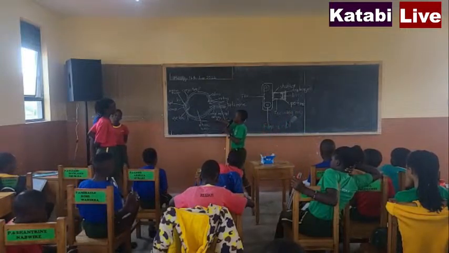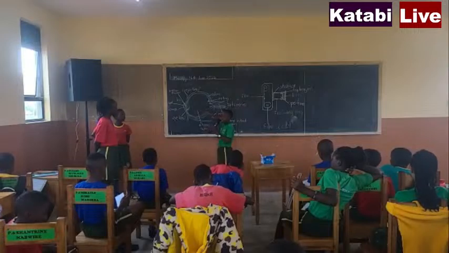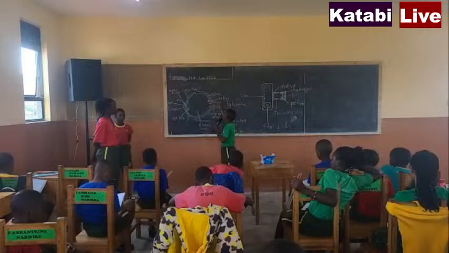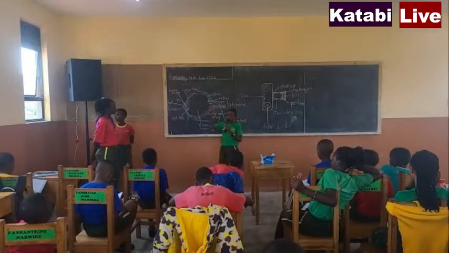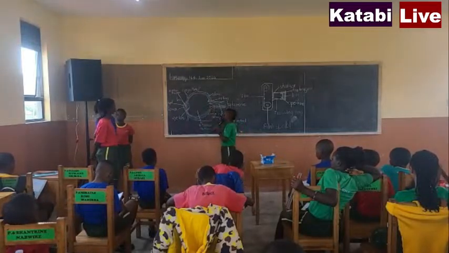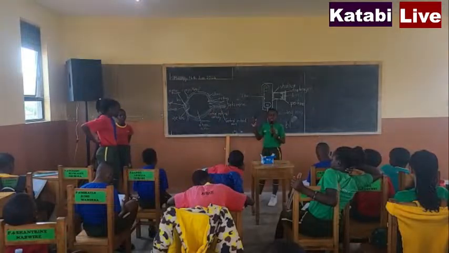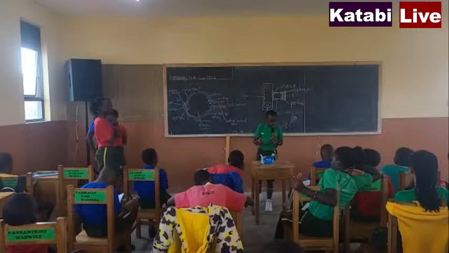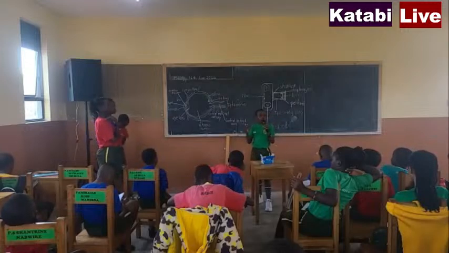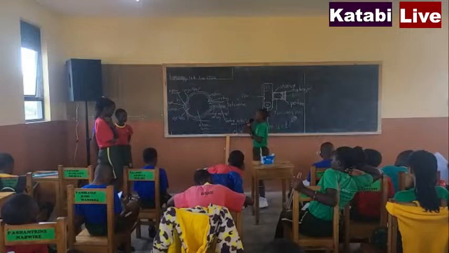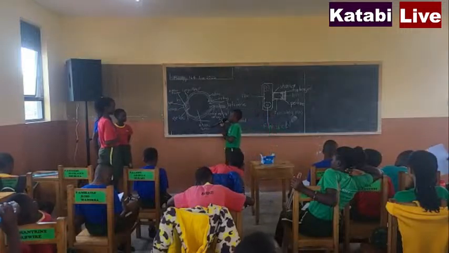When light rays enter through the eye and reach around here, remember, the retina, the image is formed there. And then it is sent by the optic nerve to the brain for interpretation. Once it is interpreted, it can tell you what you are seeing, or the body reacts to what you've seen.